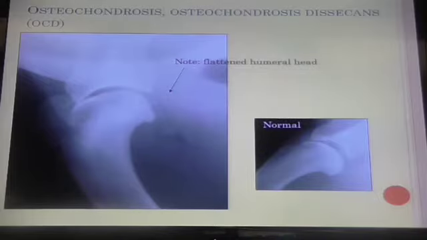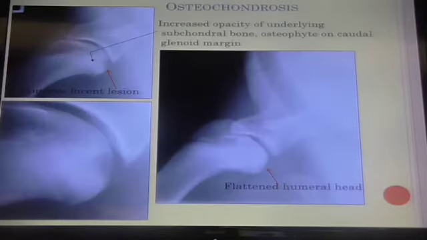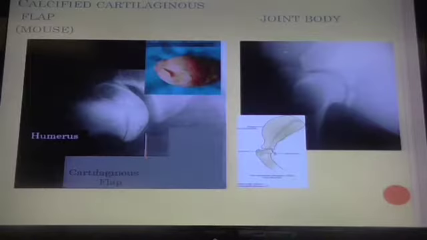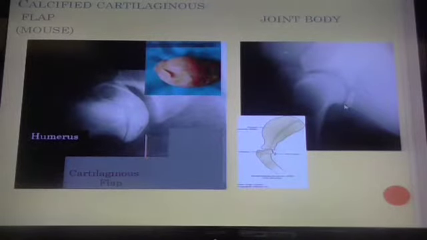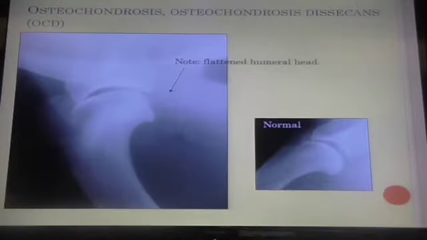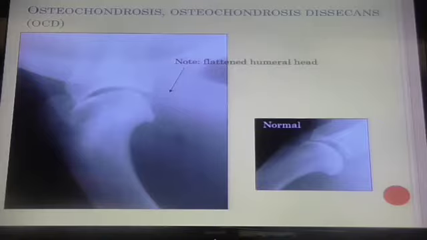So how do you know if a joint body is present? You see it as a radiopacity. Can you say that there's a joint body here? No. Could one be there? Yes, because it hasn't calcified.